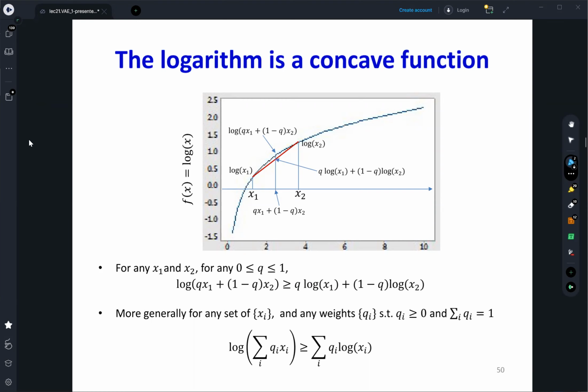So here's the thing. In general, the log of a weighted convex combination of x's is always going to be greater than or equal to the convex combination of the log of x's. This is what we're going to be depending on, right?